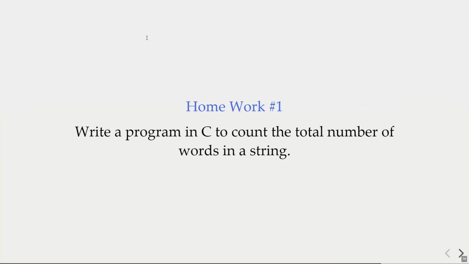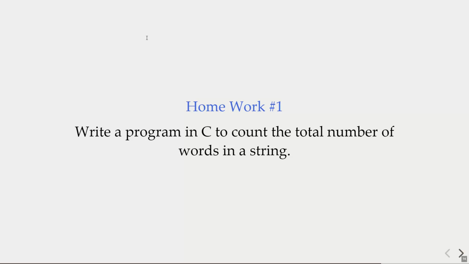Okay, so homework problem number 1 is to write a program to count the total number of words in the string. You can try this at home. So what is the logic behind this? The logic is pretty simple. You just have to go one by one through all the characters and check if it is equal to space.